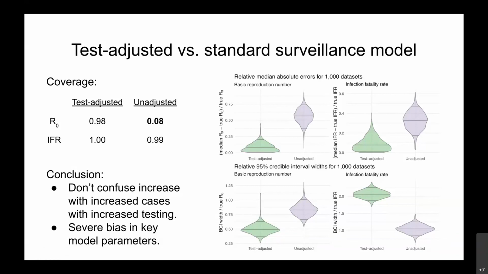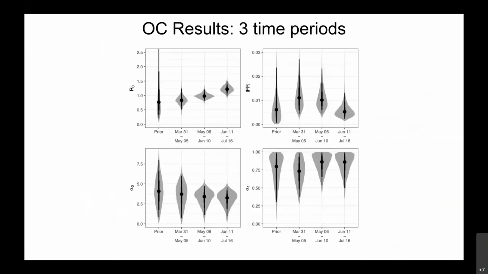And looking here, we see that there's a lot of bias in the test unadjusted model. You also end up being way overconfident about, for instance, other aspects of the transmission model, like the infection fatality rate, while still being more biased about the IFR. So anyway, that's the bottom line about that.